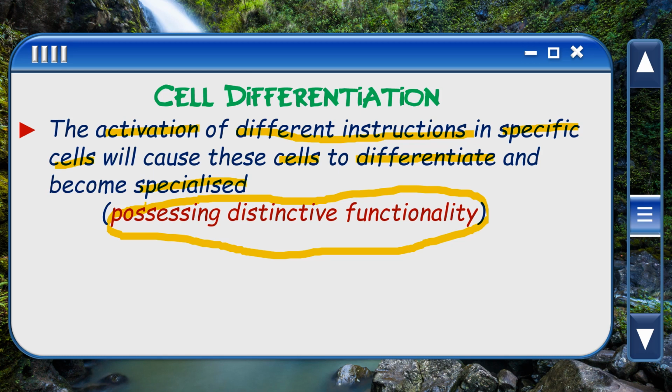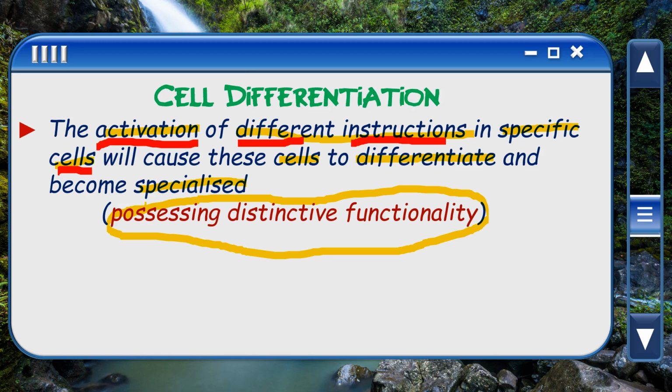This one is achieved by activation of different instructions in specific cells, meaning that the genetic instruction is going to be activated for that particular group of cells.